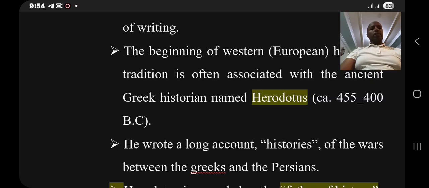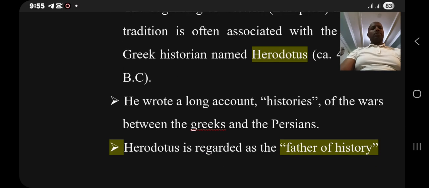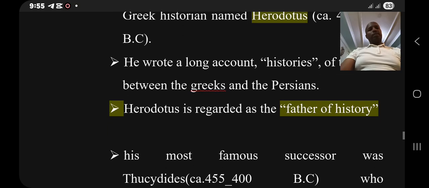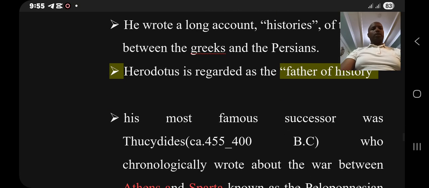So Herodotus is sometimes considered the father of history, who started the writing of history in Greece or in Europe. His most famous successor was Thucydides, who lived from 455 to 400 BC.